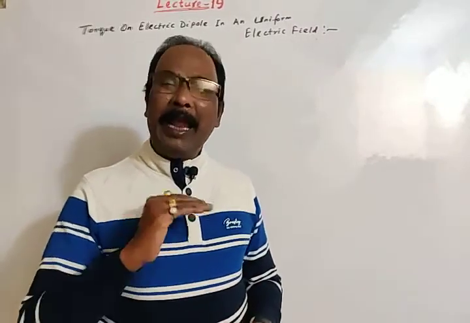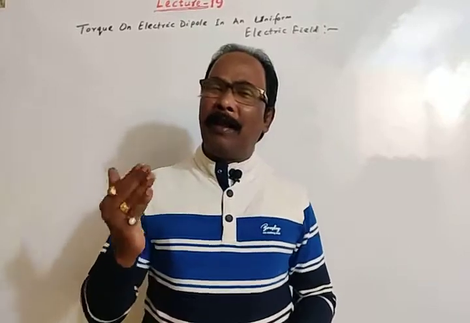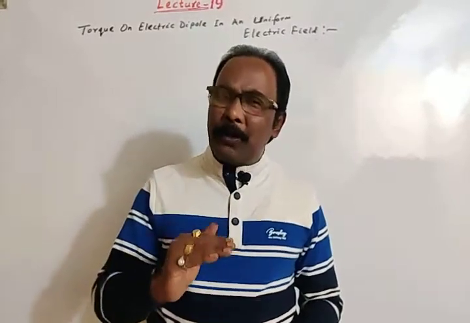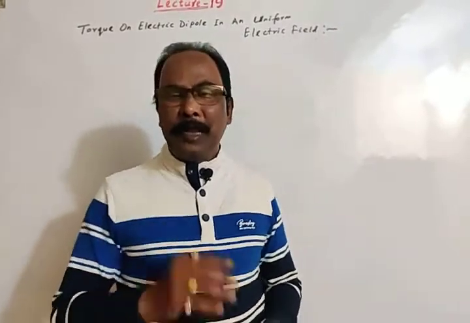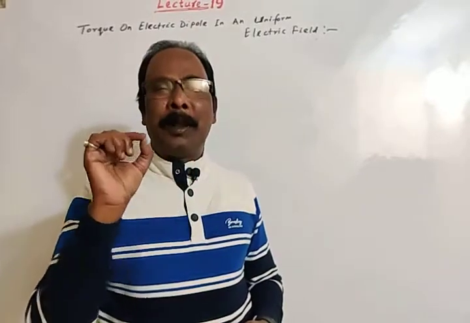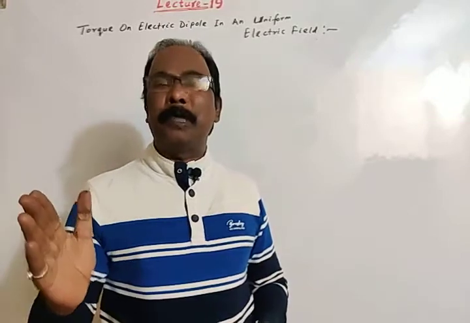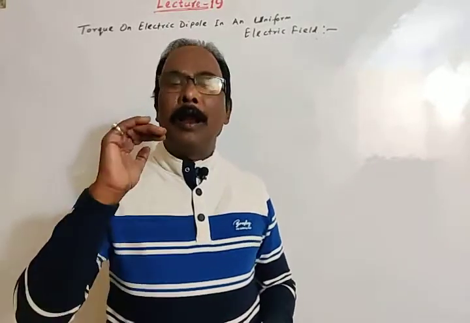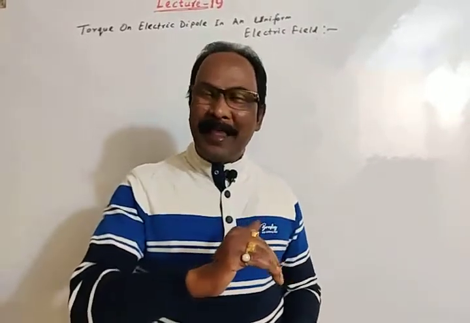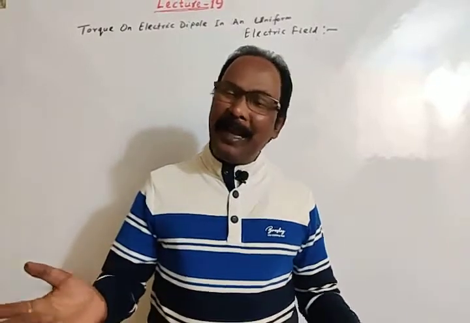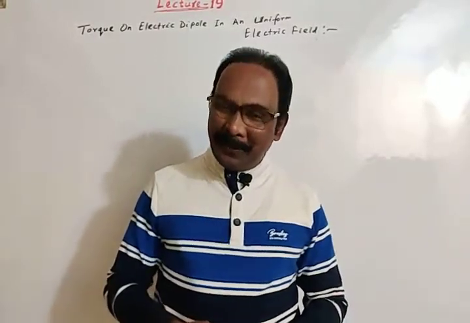Electric field lines are directed from positive charge to negative charge. Electric lines of force or electric field lines start from the surface of a positively charged body and end on the surface of a negatively charged body.